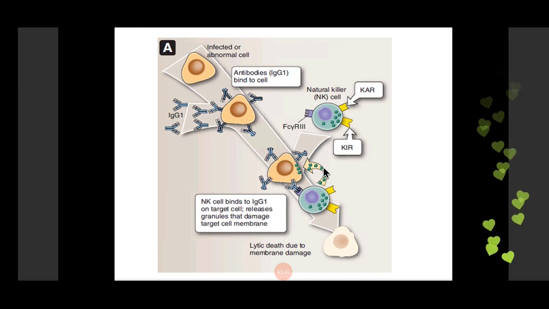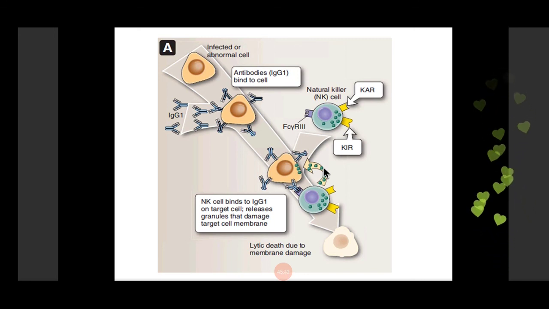The MHC2, basically, let's say we talk about Mycobacterium tuberculosis. Okay, Mycobacterium tuberculosis is multiplying inside the cell. This Mycobacterium tuberculosis will be phagocytosed, let's say, by a macrophage.